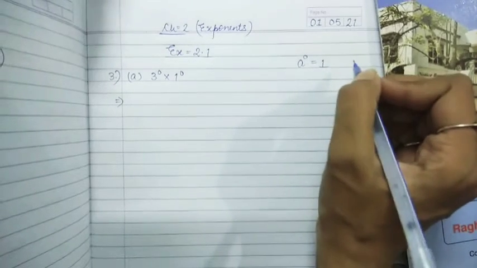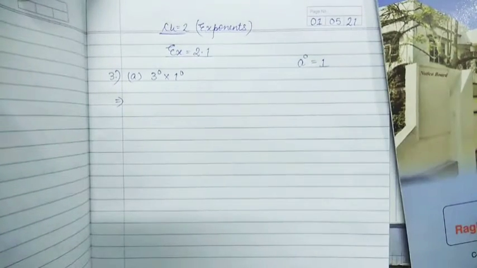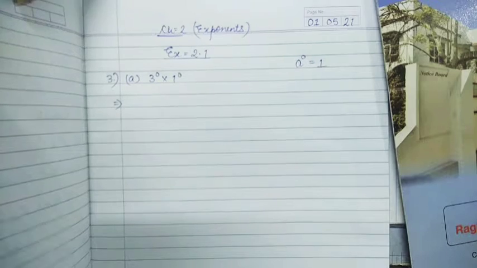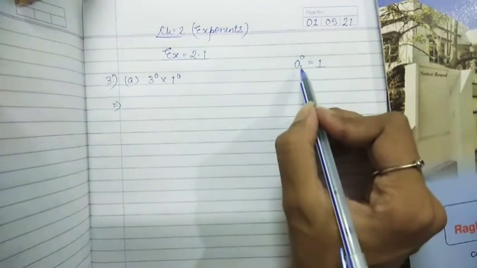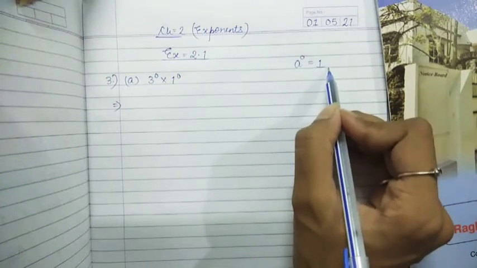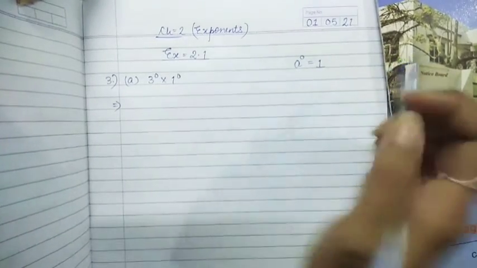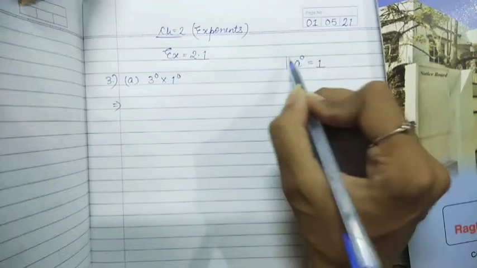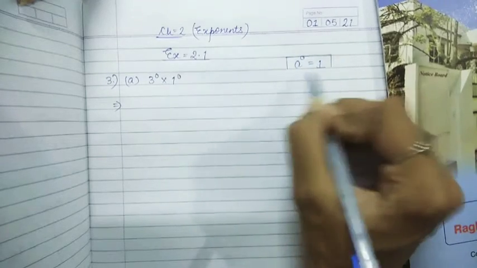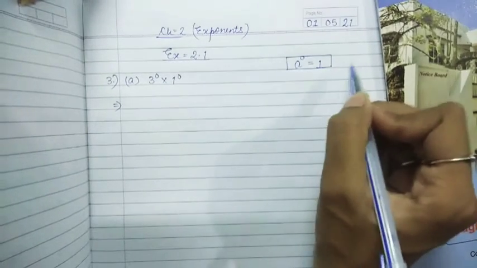Okay, if the power of any number or constant is 0, the value of the whole thing will be 1, not 0. Okay, this is the rule and this is the formula also: any constant to the power 0 has the value 1.